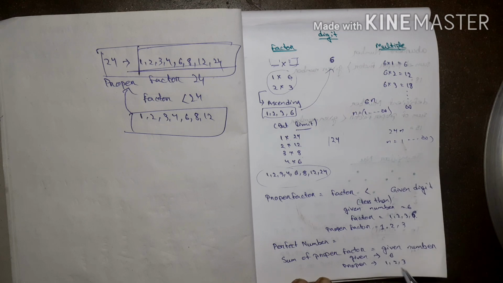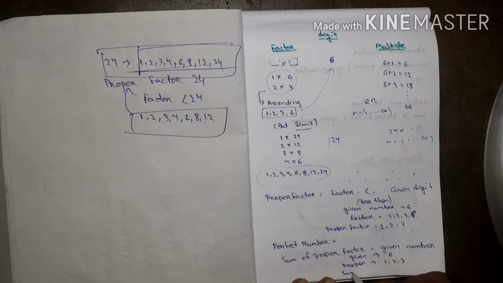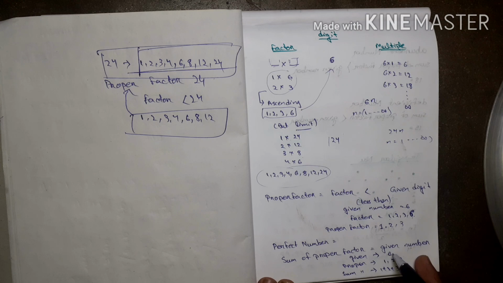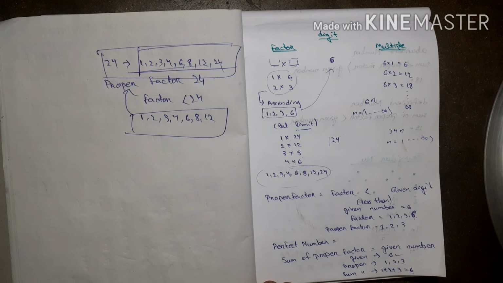The sum of proper factors 1 plus 2 plus 3 equals 6. So the sum of the proper factors is equal to the given number. That is called a perfect number.